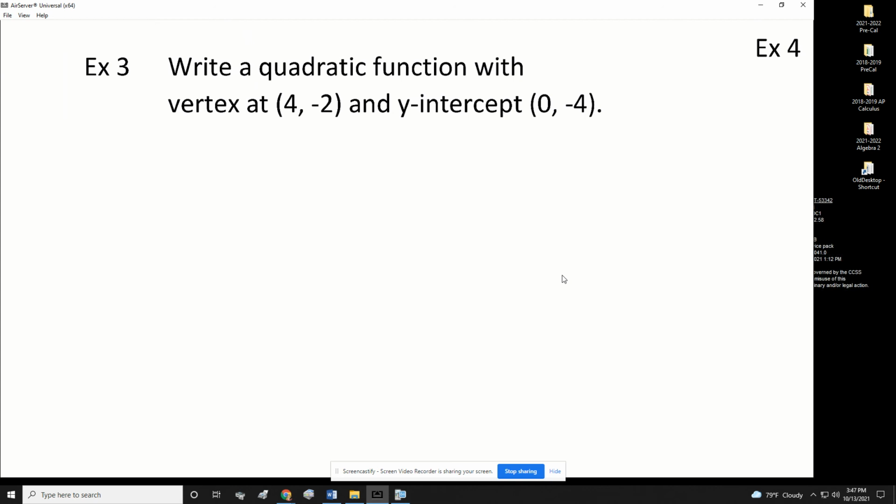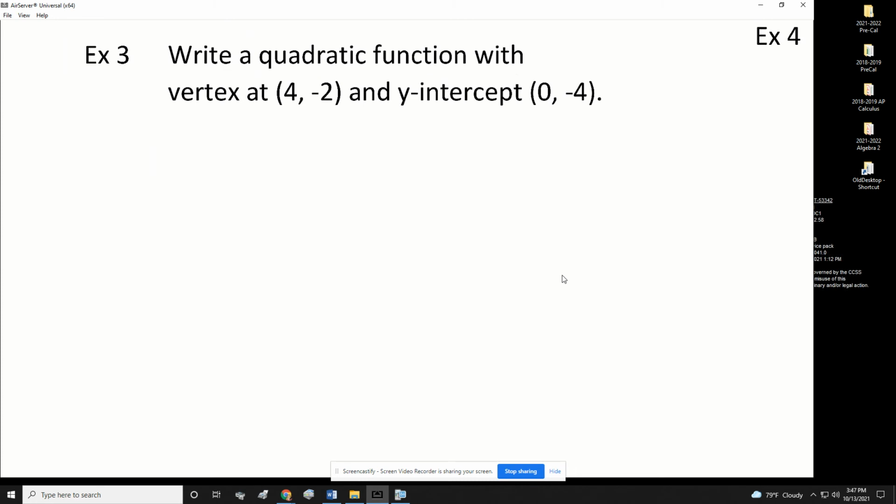All right, so this one is a little different. In that one we knew the x-intercepts, so we used that form. In this one we know the vertex, and so we're going to use the vertex form. All right, so this y-intercept is going to be a point that's on the graph.